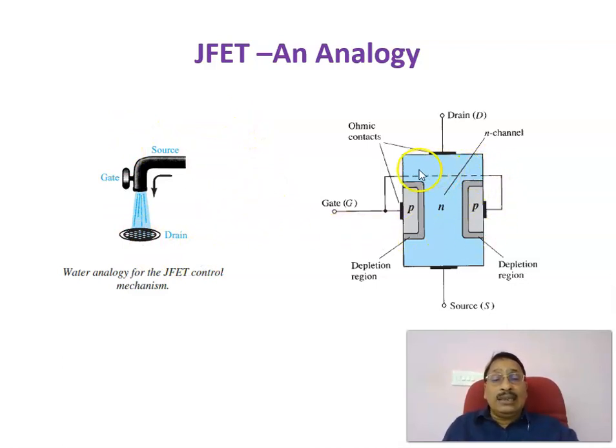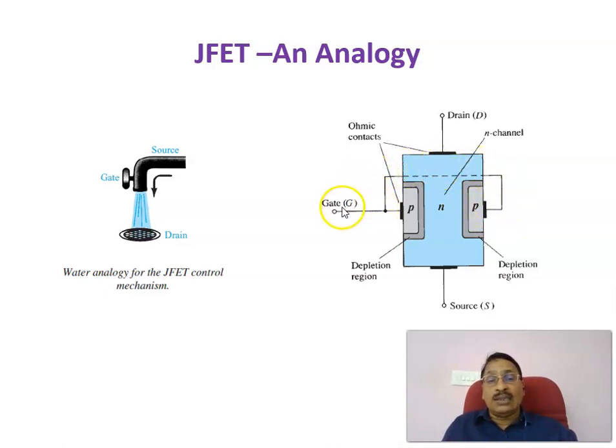And coming to the JFET again, as we have already seen, in an n-channel JFET there is an n-type bar in which p-type material is diffused on both sides, and a depletion layer forms between the p-type material and the n-type channel. This is a metallic ohmic contact, and internally the two p-type regions are connected through it.